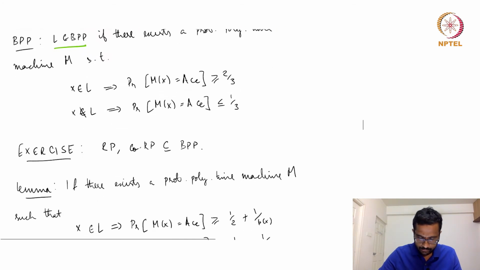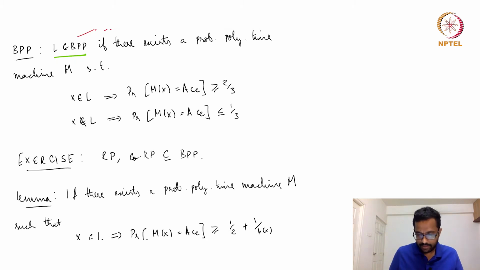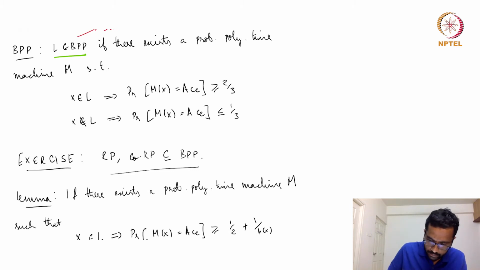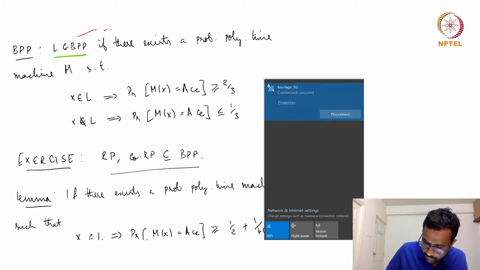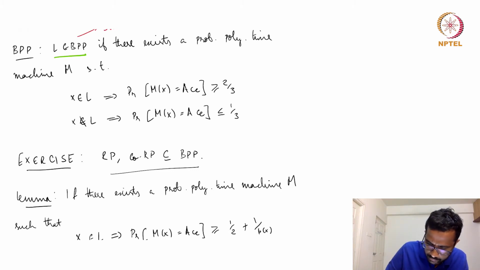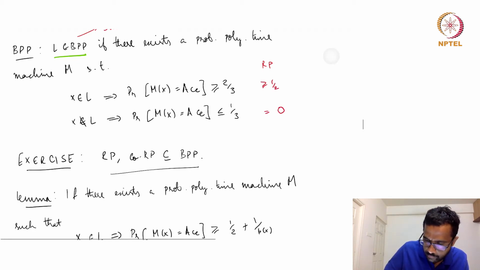And yeah, so I'll first state this too. First thing is that RP and co-RP are contained in BPP. This is a small exercise. So again, as I said, if we had an RP machine, this was at least half, and this is equal to 0.